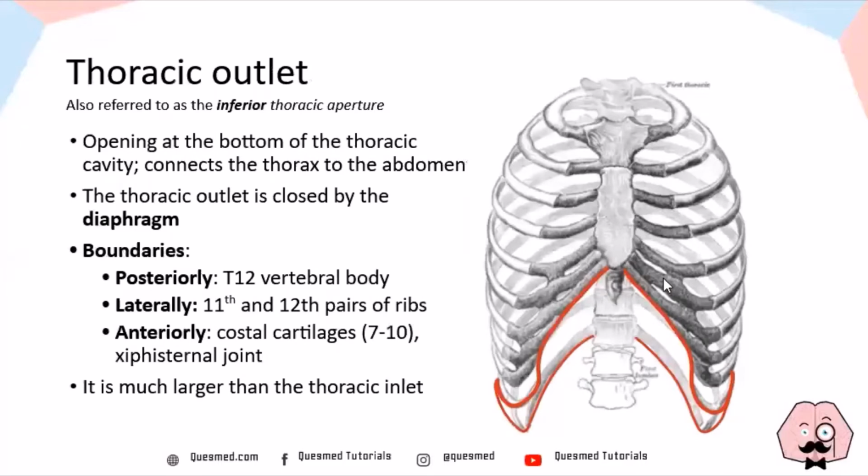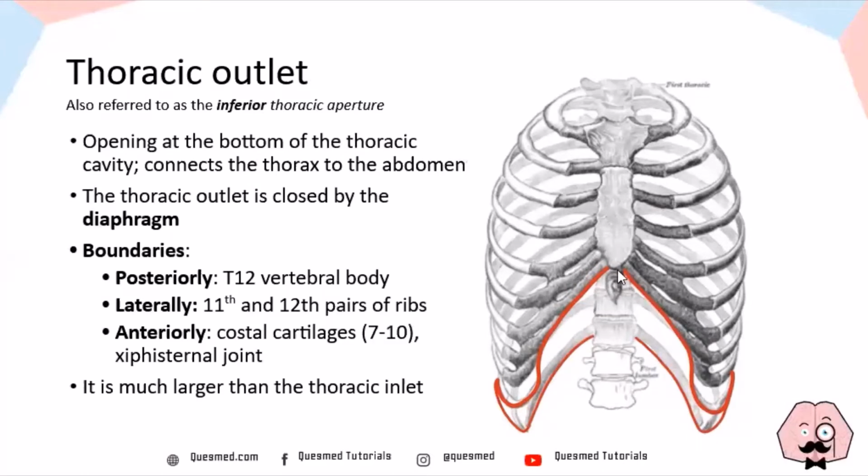The thoracic outlet, or the inferior thoracic aperture, is the inferior opening of the thoracic cage. It forms the connection with the abdomen below it, and it's completely closed off by the diaphragm. Its borders are the T12 vertebral body posteriorly, and then laterally it is formed by the 12th rib, and when the 12th rib stops, by the 11th rib.